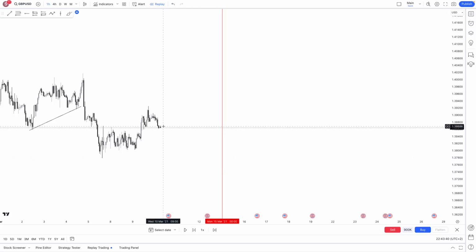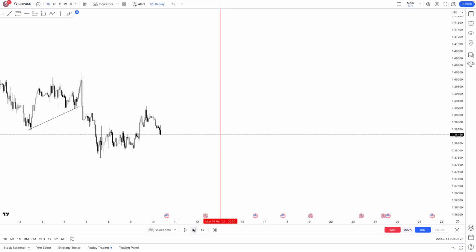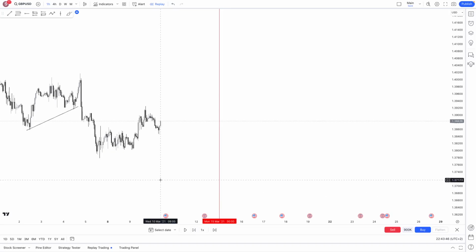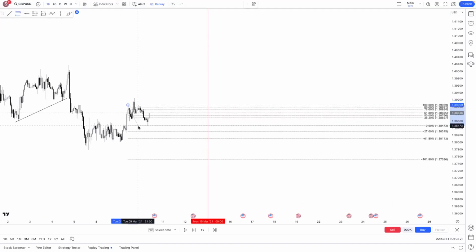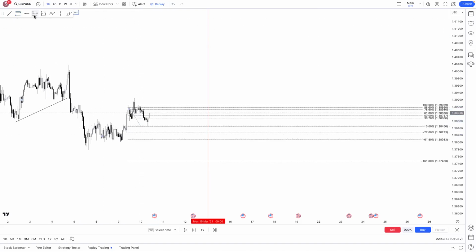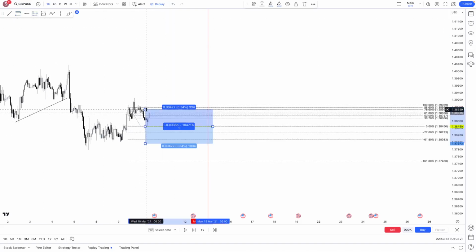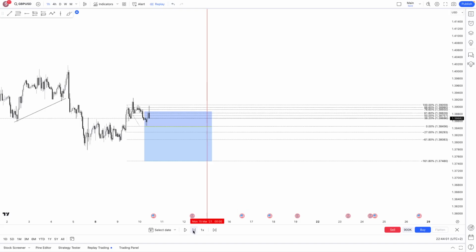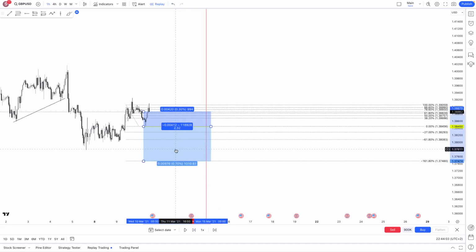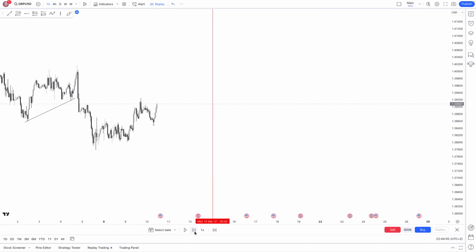I would like for this to pull back in order for me to look for a sell. Okay, this is what I want to see. I will look for an entry to the downside. Okay, so price is pushing higher.